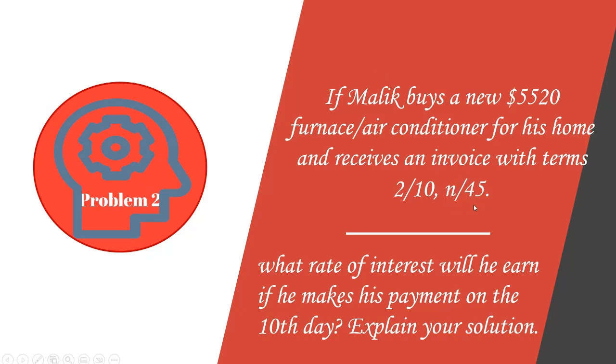It means that the maturity date will be after 45 days. And 2/10 means that you will have a 2% discount if you pay on the 10th day, or if you pay before the 10th day.